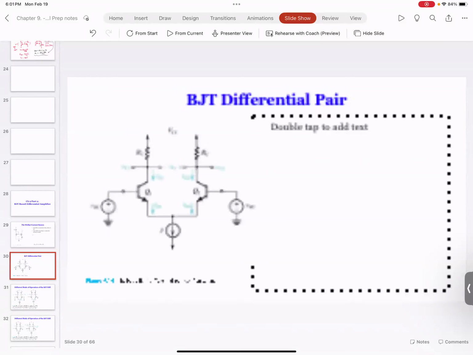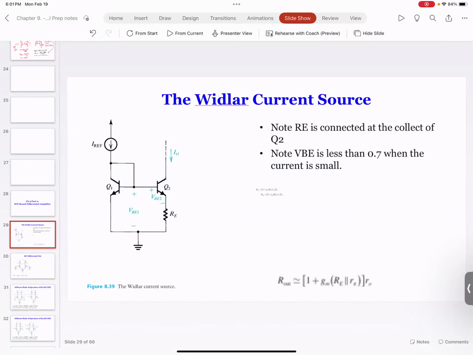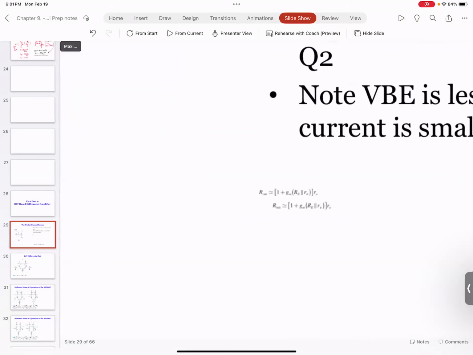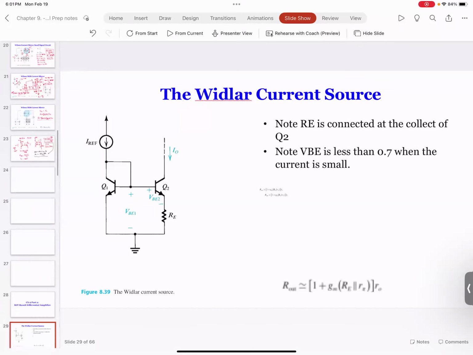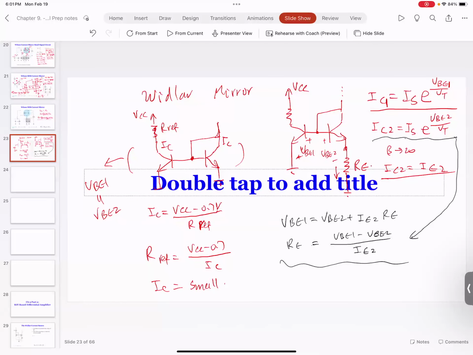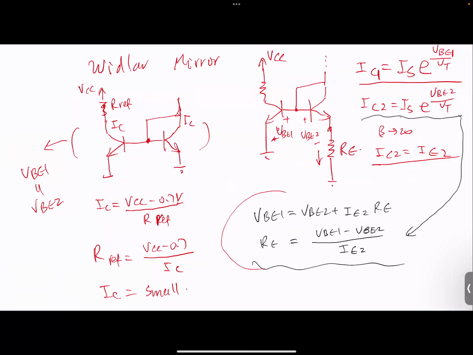So I moved too early. Basically, this is why this is so small. But the calculation of RE is basically what we derived over here. Yeah. So this is what we have derived, this equation over this equation.